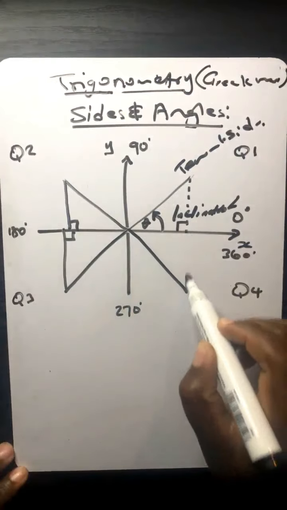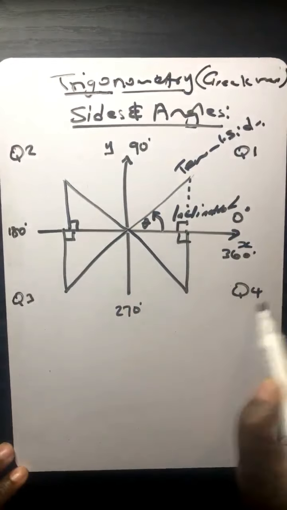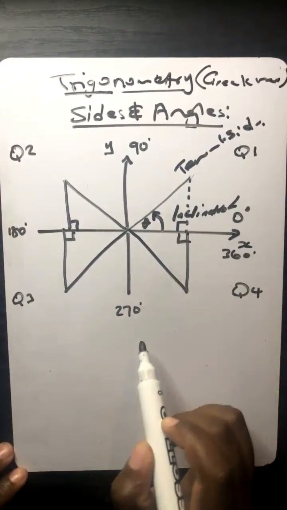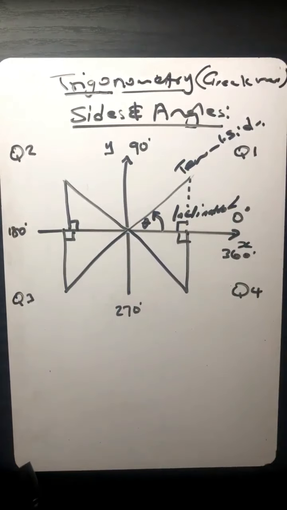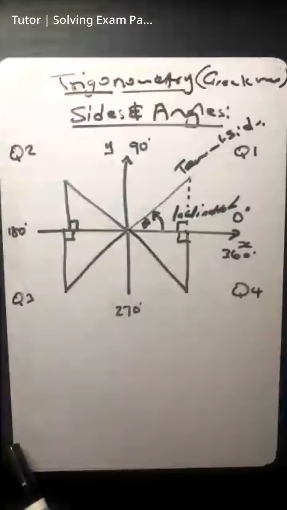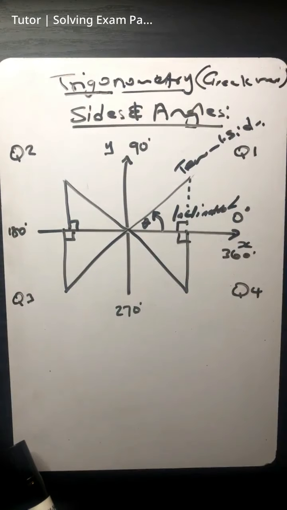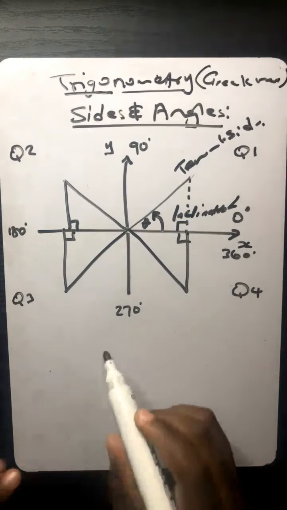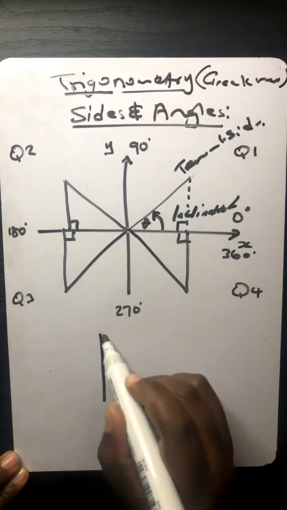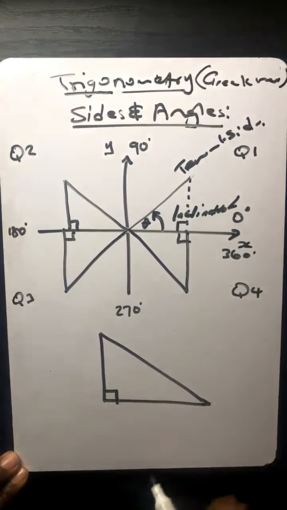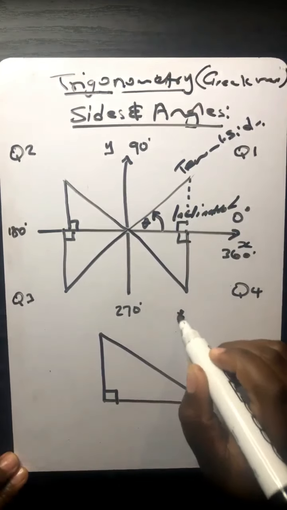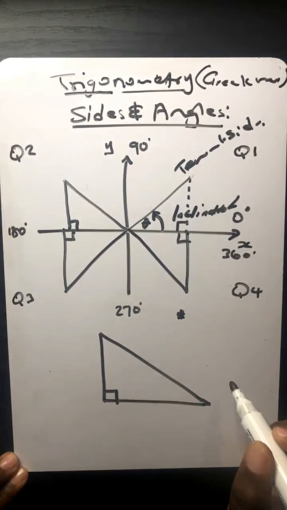In the third quadrant, something similar to that. And in the fourth quadrant, something similar to that. What I wanted to explain is that in a right angled triangle, each side has a specific name. We know that very well. Let me draw this right angled triangle and ask, what are the names of the sides?